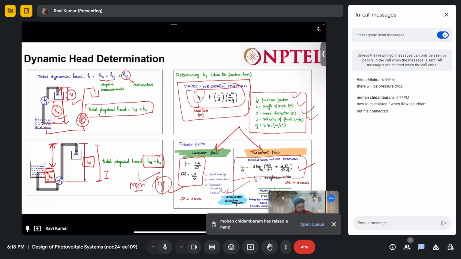Here f appears on both sides of the equation, so in these types of equations we have many numerical methods. Using those methods, we can solve this. We can take iteration, like Newton-Raphson is one of the methods. You can refer to those methods.